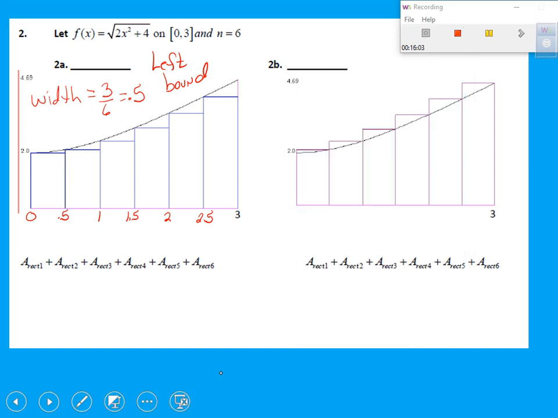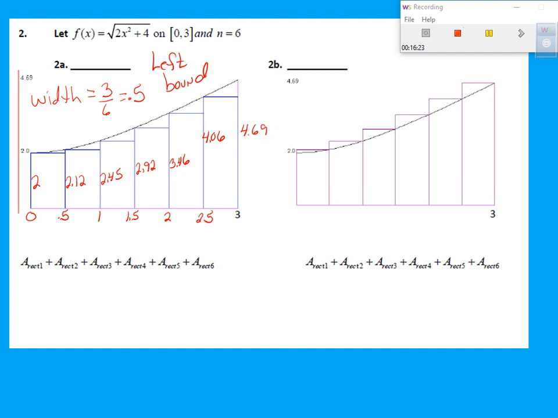So this height right here is 2, 2.12, 2.45, 2.92. This height is 3.46. This height is about 4.06 and 4.69.